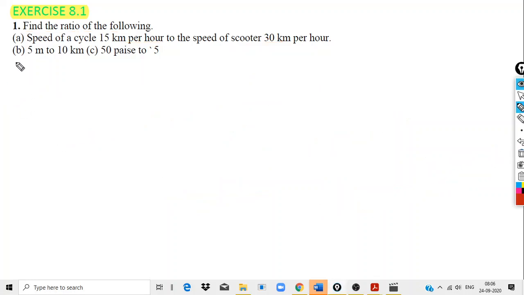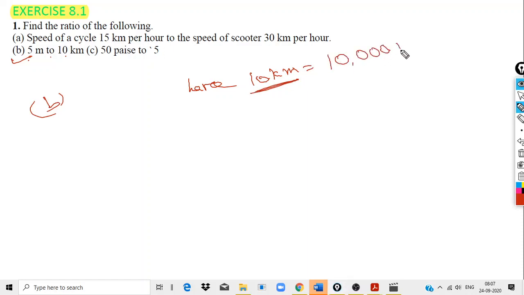Now we'll move to the second one, 5 meter to 10 kilometer. You can write here B: 10 kilometer is equal to, you convert 10 kilometer to meter, 10,000 meter. So the ratio will be 5 is to 10,000.